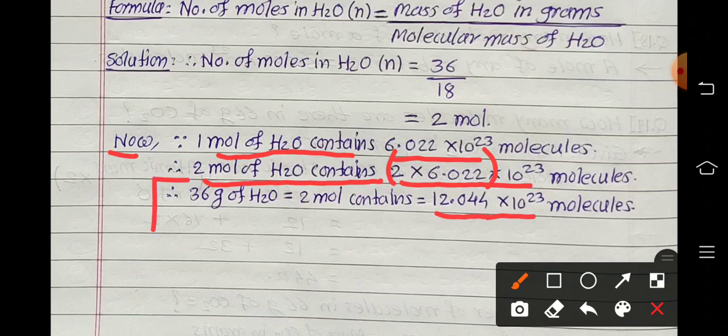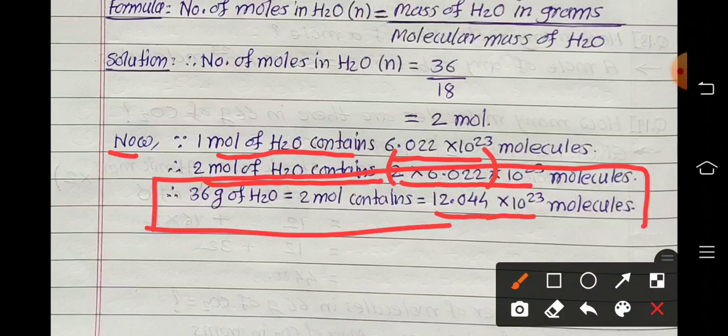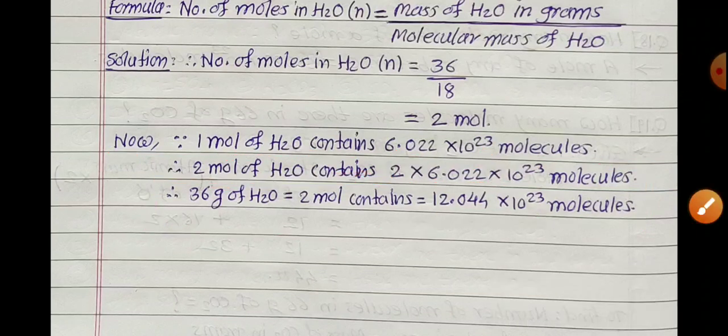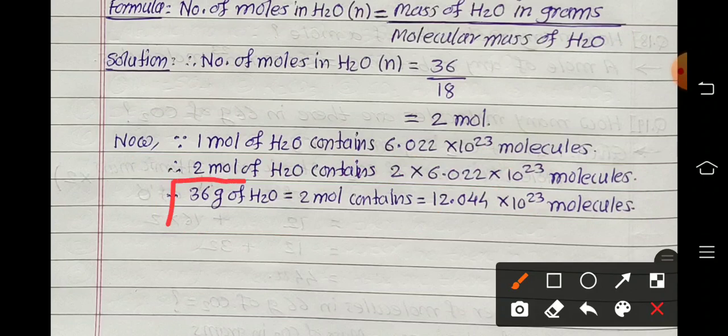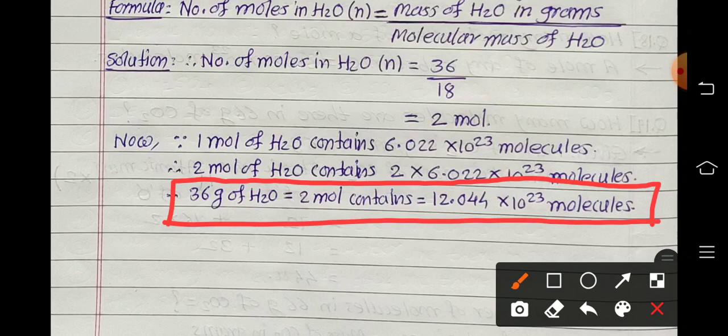So the final answer, highlight this final answer. So what is the final answer? 36 gram of water means 2 mole, and that contains how many molecules? 12.044 into 10 raised to 23 molecules.